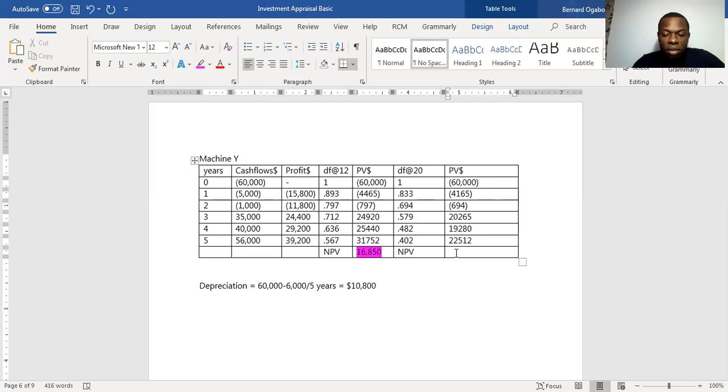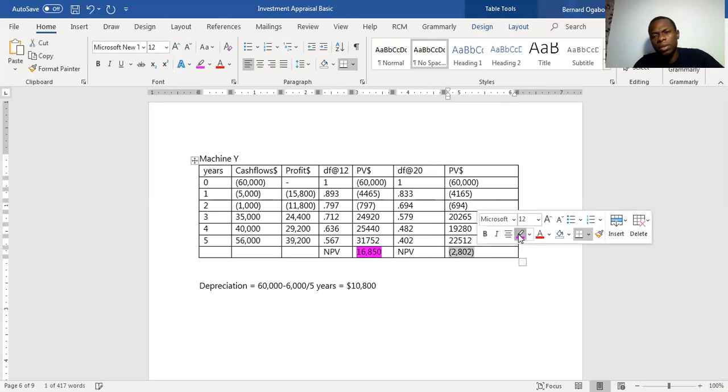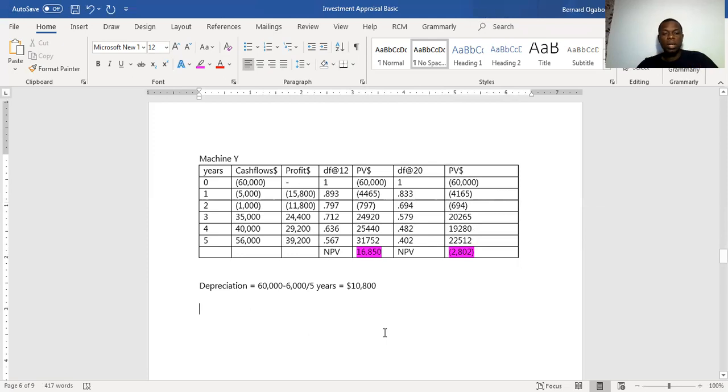It gives us a negative NPV of 2,802. Having done this, we proceed to our solutions.